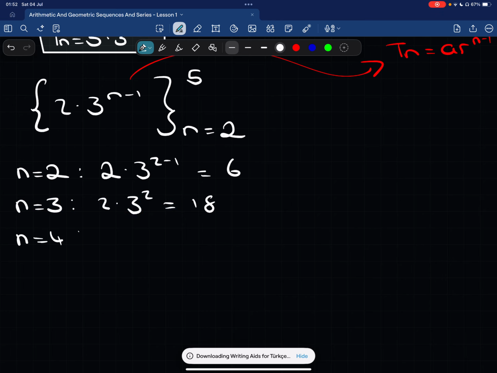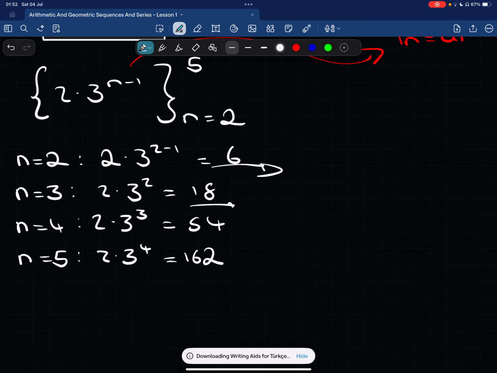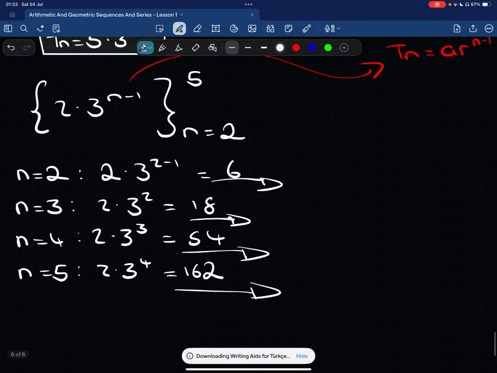When n is 4, it equals 2 times 3 cubed, which is equal to 54. And then when n is equal to 5, then we go and say 2 times 3 to the power of 4, which is equal to 162. And those are all of our values.